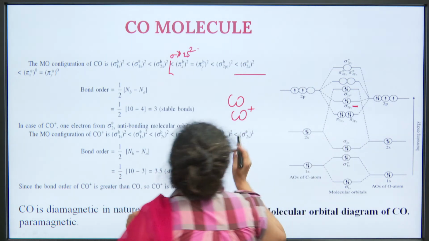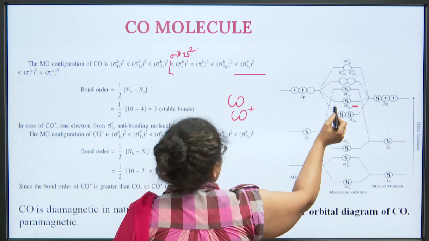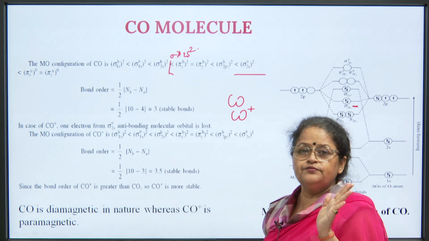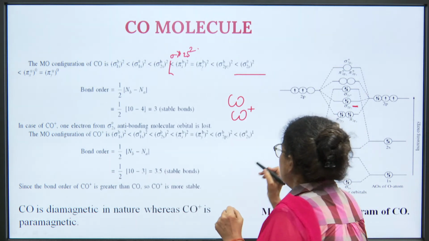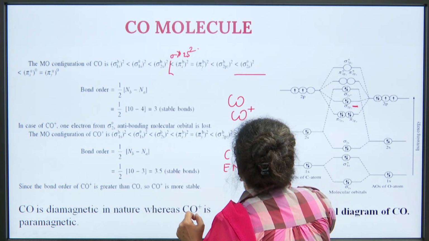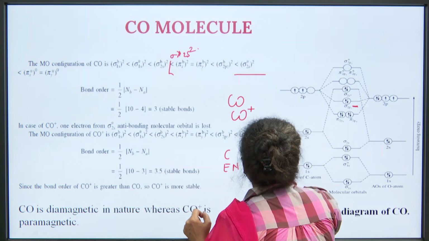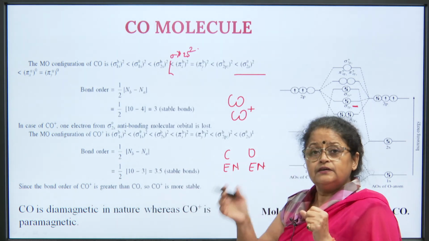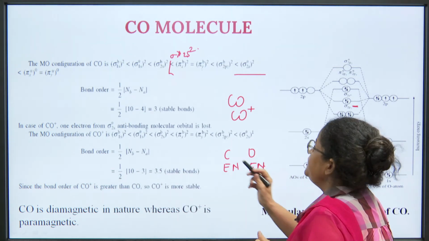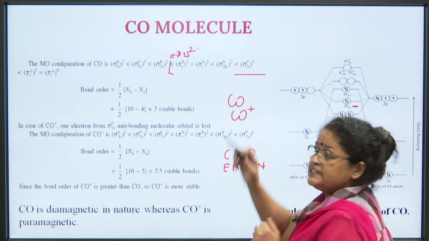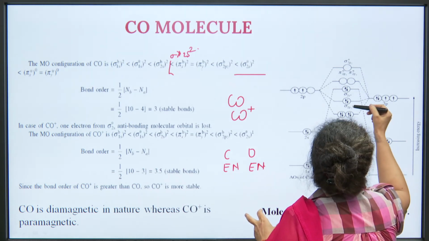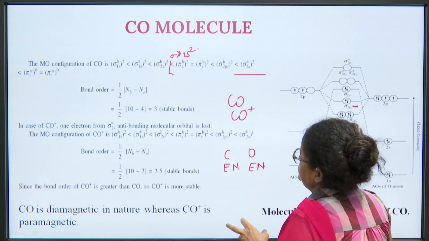The anomaly in this CO molecule is that due to the large electronegativity difference between C and O, the molecule is so much skewed that sigma star 2s gets so highly destabilized that it appears much above the sigma 2pz as well.